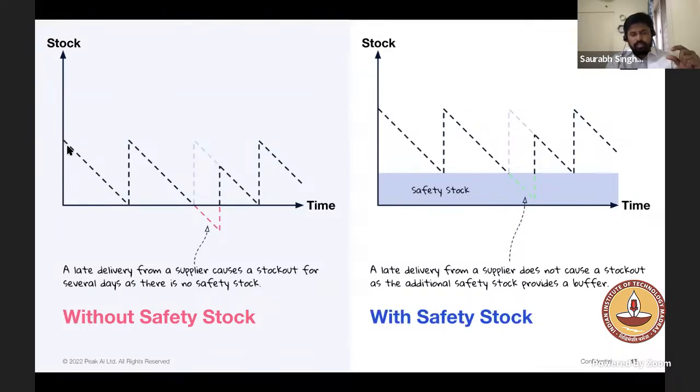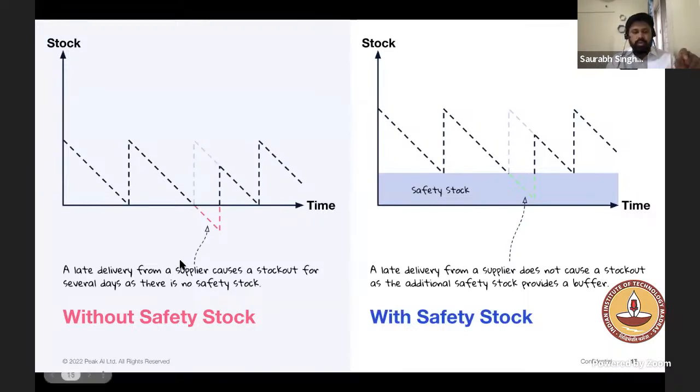As consumption happens, your stock goes down. Then you replenish your stock, which again comes to a certain level. Then consumption happens again. So consumption and replenishment happen simultaneously.